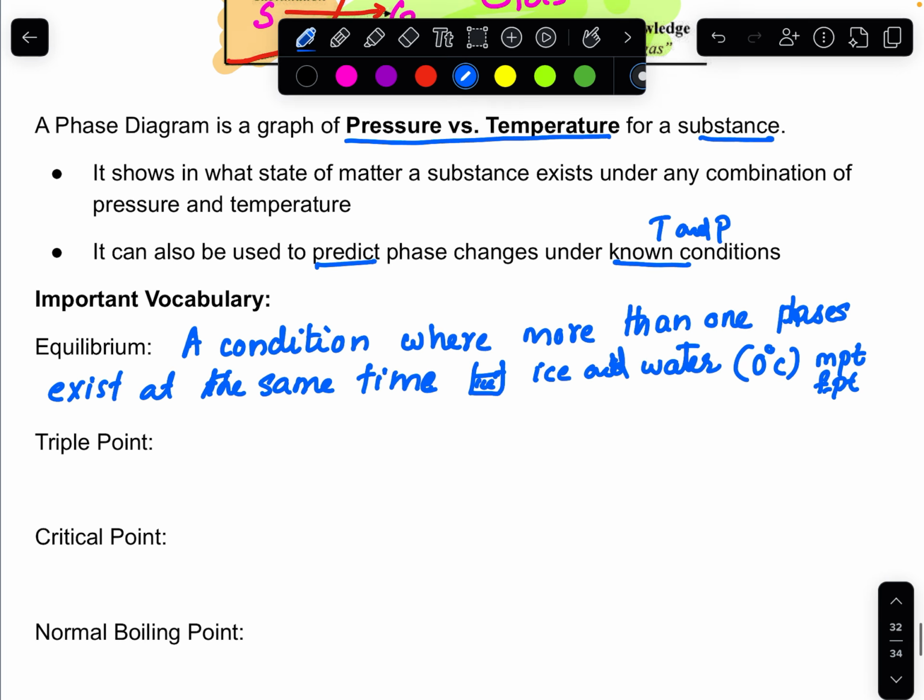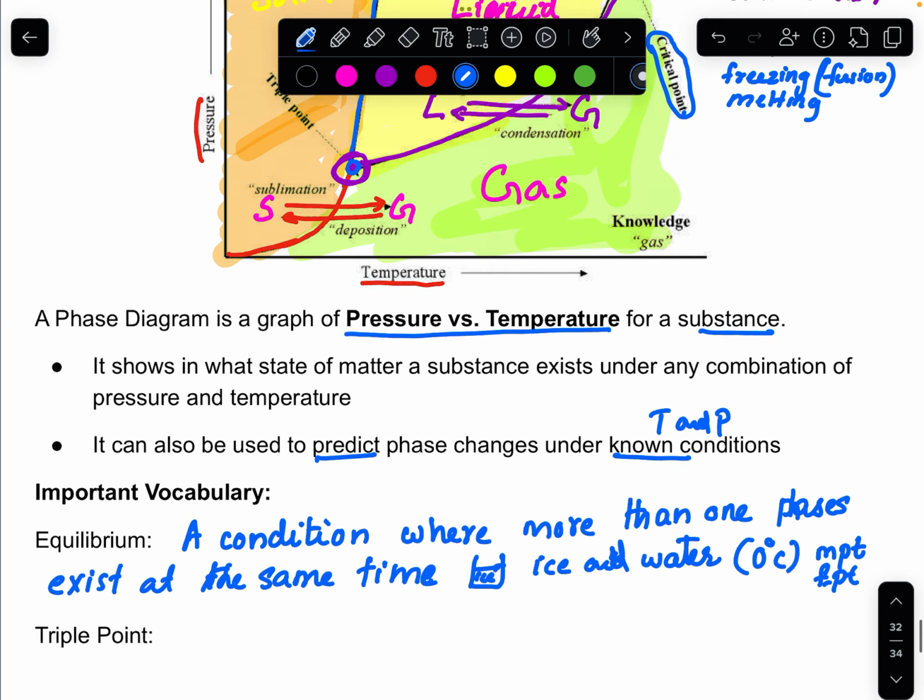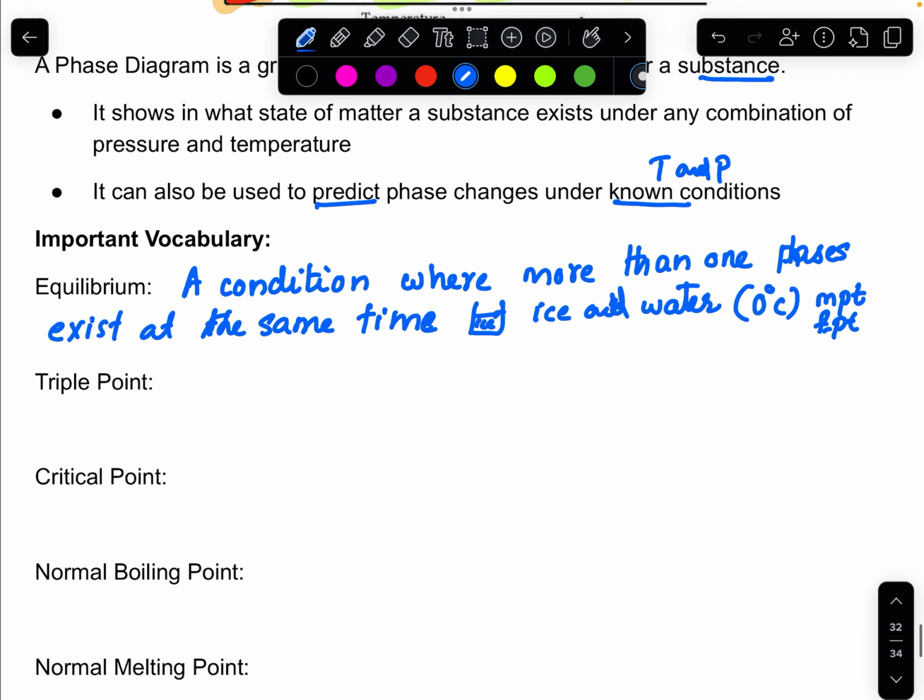Then the triple point: the temperature and pressure at which three phases exist in equilibrium. You already learned that. So it is a point in a phase diagram.